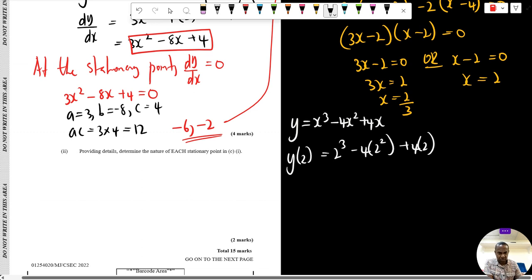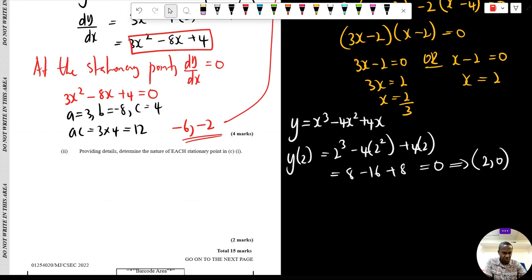And what does this give us? 2 cubed, that is equal to 8. 2 squared, that's 4. 4 times 4, that is 16. Then we have 4 times 2, which is 8. So 8 minus 16 plus 8 actually gives us 0. And so therefore this point is (2, 0). So that is one of the stationary points right there.